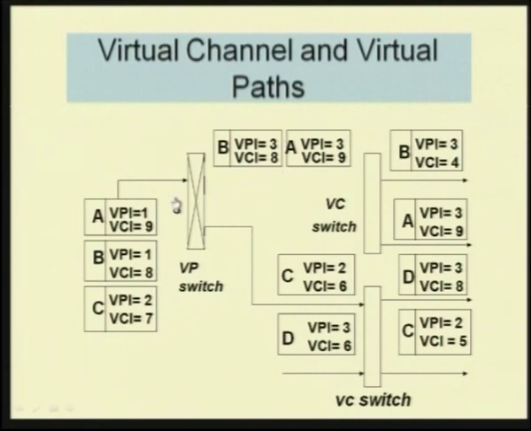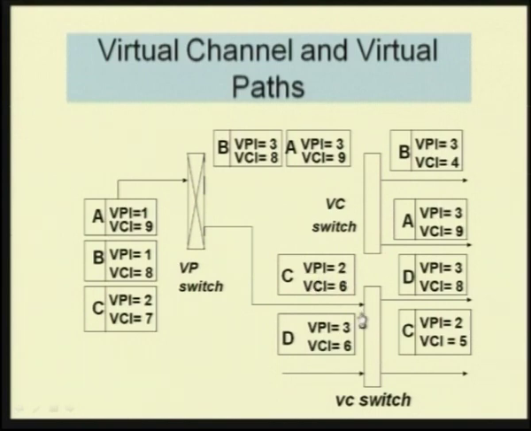The same thing you can see with respect to cell A. This VPI 1 becomes VPI 3, but the VCI number 9 stays the same. And if you look at C, it may not undergo any change in the VPI; it continues to remain at VPI equal to 2.